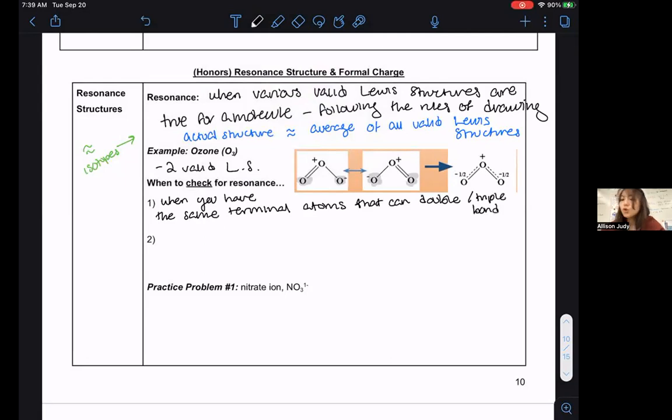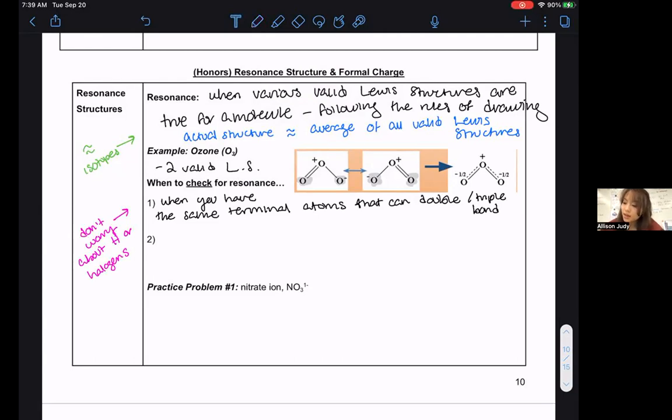You don't really have to worry about hydrogen or halogens because they can't double bond. They are always terminal atoms for the most part, but they can't double bond. So if you have something like NH3, there's no resonance, it's just single bonded. Resonance occurs when you have the same terminal atoms that can double or triple bond.